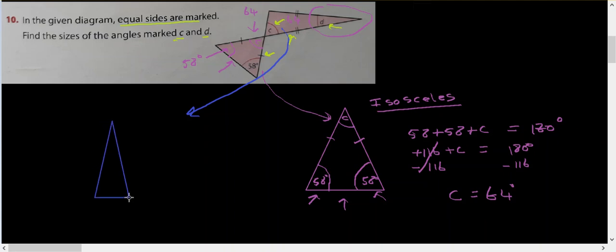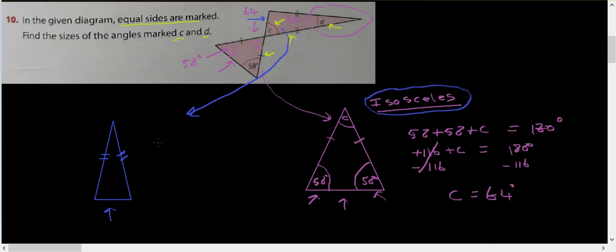It's a kind of thin one that looks like that. Imagine this here is the base. We have these two lines here. It's the same type of triangle, just a skinnier one.